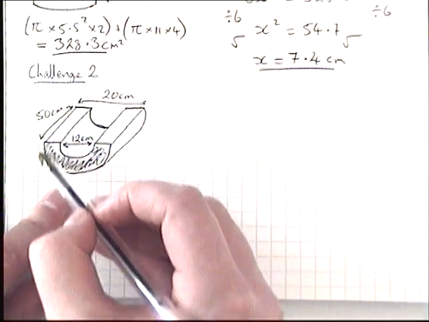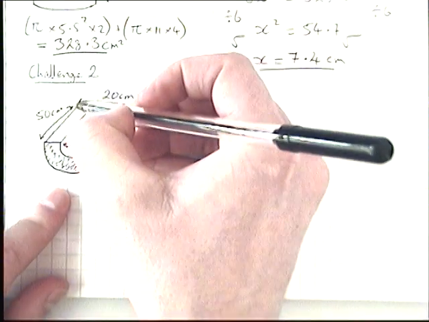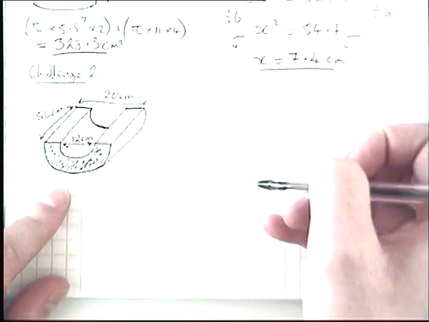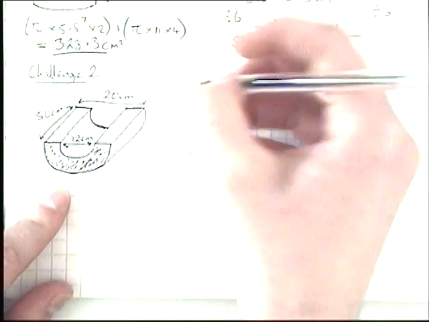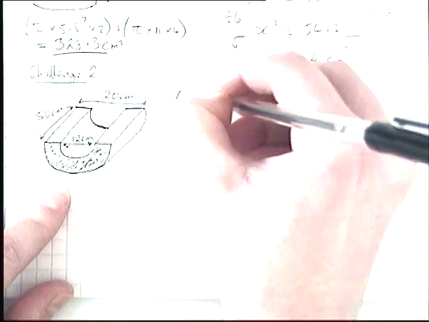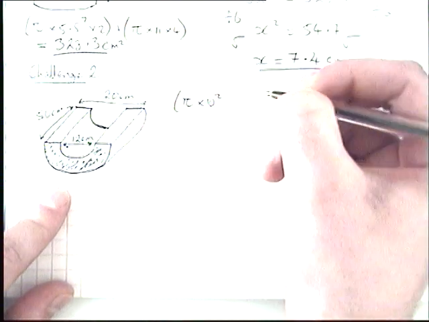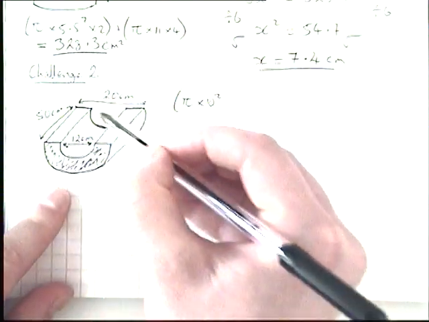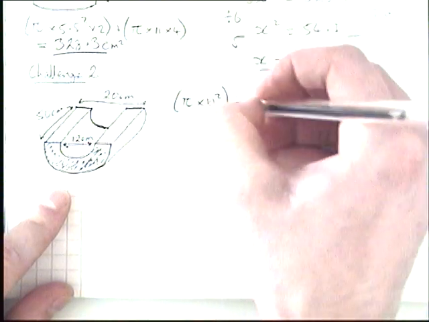So we're going to start with the big circle. So we were told it's got a diameter of 20. So we're going to start by saying pi times 10 squared. So that's the area of our big circle.